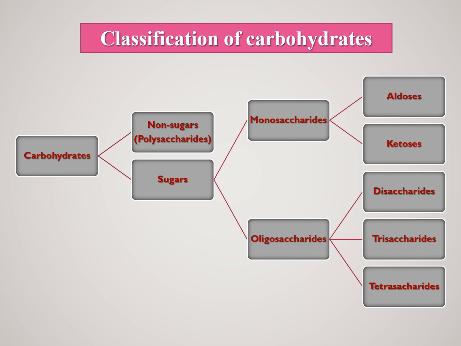Monosaccharides are further subclassified into aldoses and ketoses depending on the functional group present in the molecule. If the compound has an aldehyde, they are called aldoses. If the compound has a ketone, they are called ketoses. Students, I would like to draw your attention. We just understood the definition of carbohydrate, where they contain aldehyde or ketone along with hydroxyl groups in their compounds.